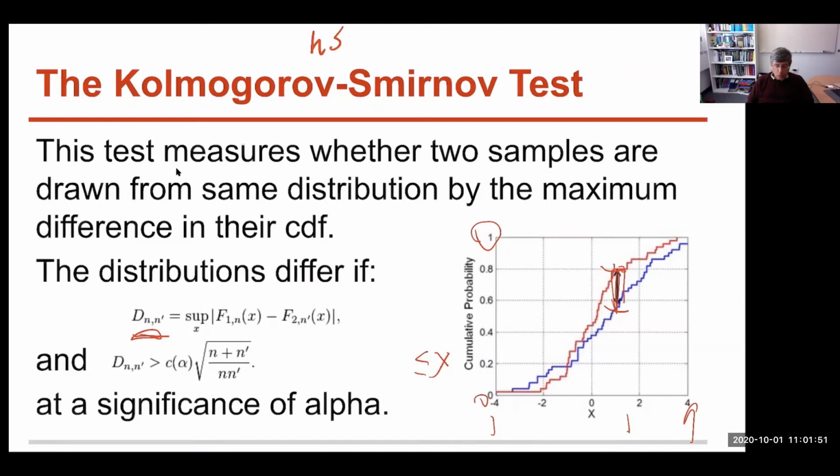And we're going to ask whether the difference between those distributions is greater than or less than some constant C alpha, times something that's proportional to the sum of the sizes of the two samples divided by the product of the sizes of those samples.